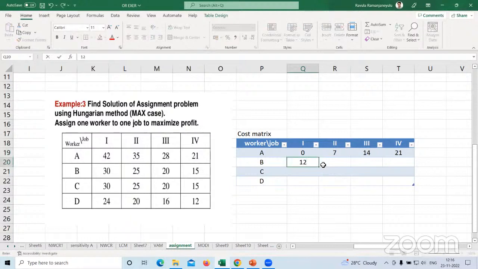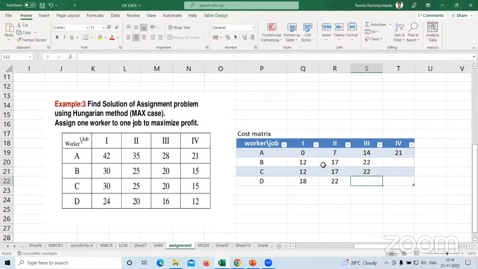Sorry, 12. 12, 18, 17, 22, 16 minus 16, 26, 21, 27, 30. Right.